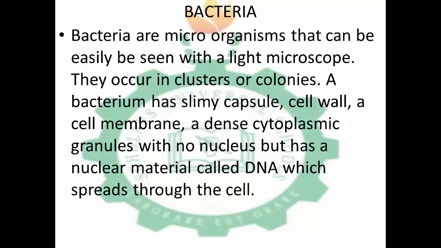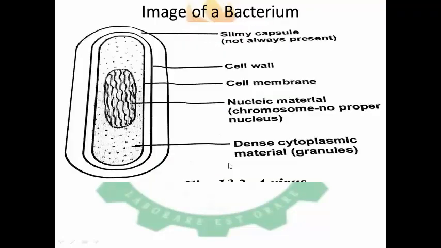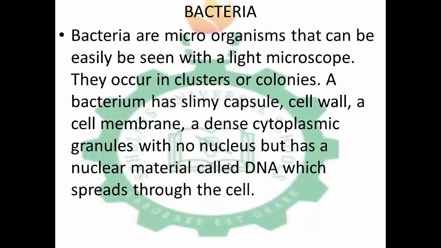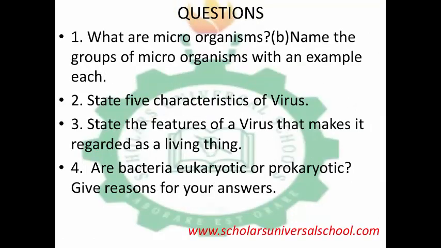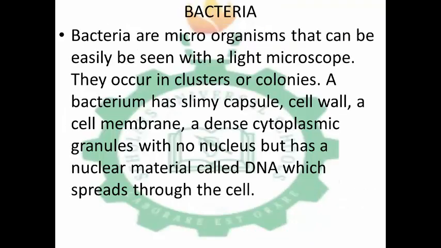A bacterium has a slimy capsule, a cell wall, a cell membrane, dense cytoplasmic granules with no nucleus, but has a nucleic material called DNA which spreads throughout the cell. So unlike the virus, the bacterium has a slimy capsule, a cell wall.